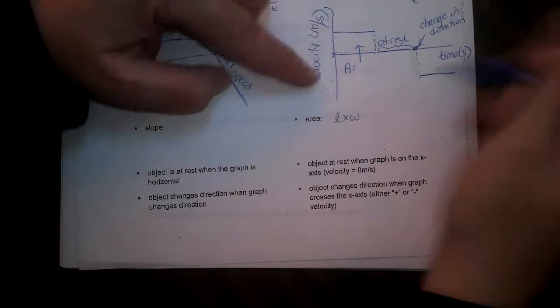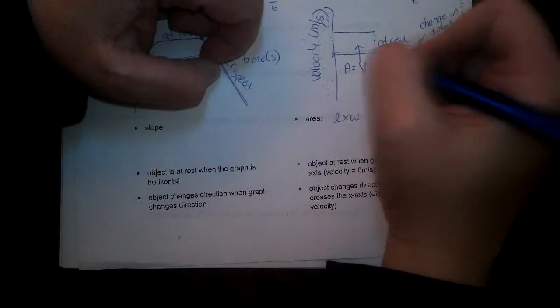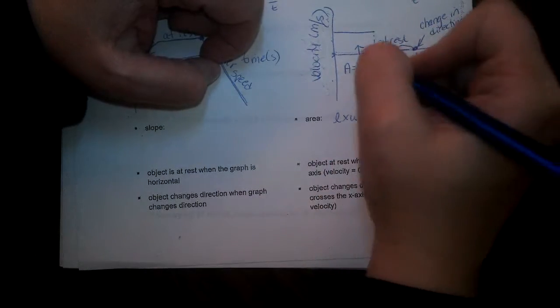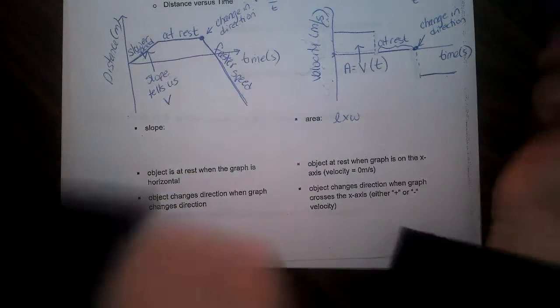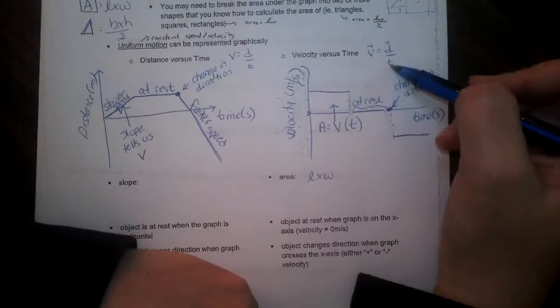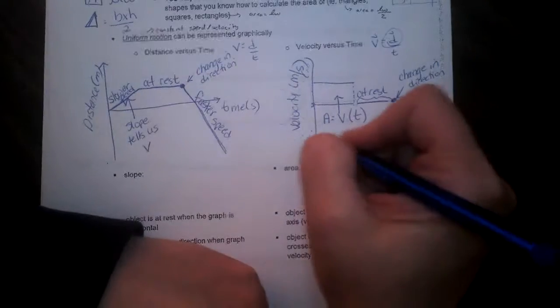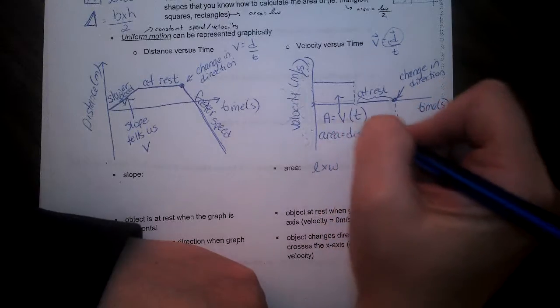Velocity is on my y-axis, and I multiply it by my width. I could say time, I could switch them, it doesn't matter. What is velocity times time? So my area is going to be equal to my displacement.